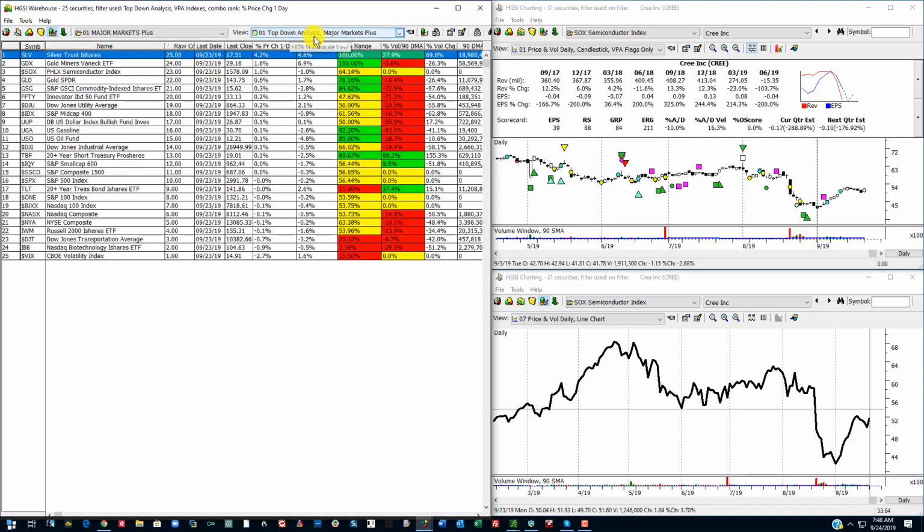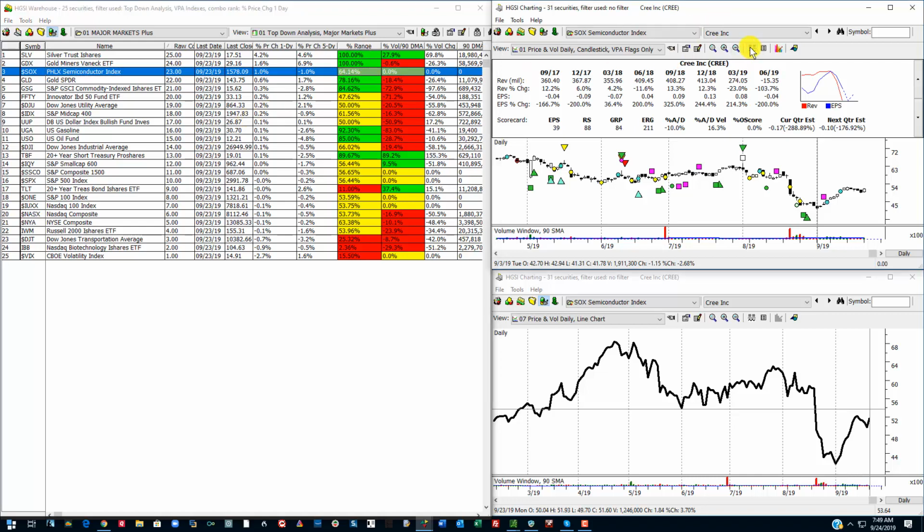My top-down analysis, I sorted on the raw combo, and I can see where the strength is here based upon the very short term, 1 day and 5 days. I'm seeing strength in the semis, so what did I do? I went top down to see which of these stocks were the strongest, and I just came up with CRE based upon the top-down analysis.